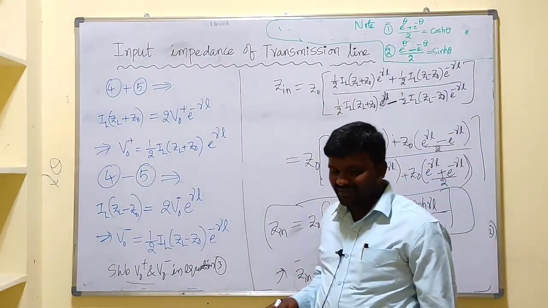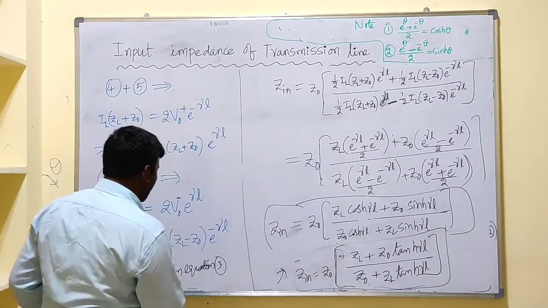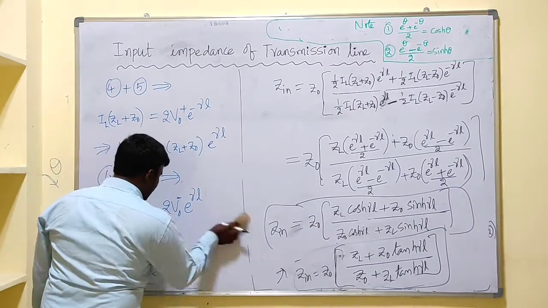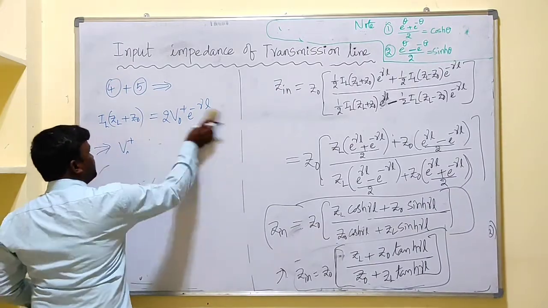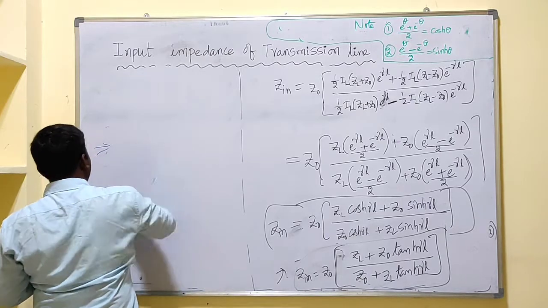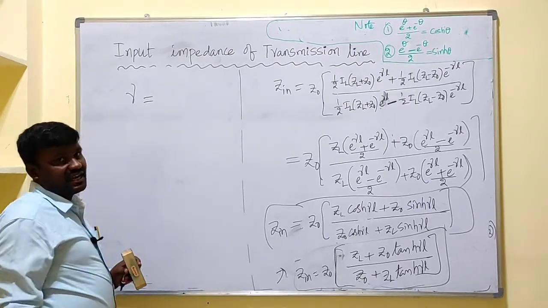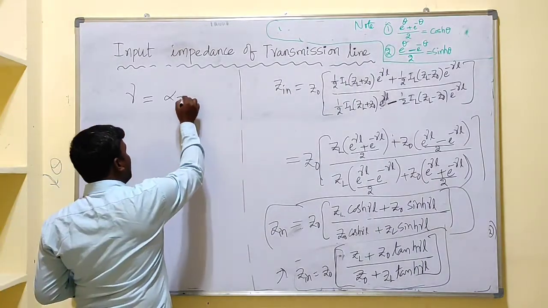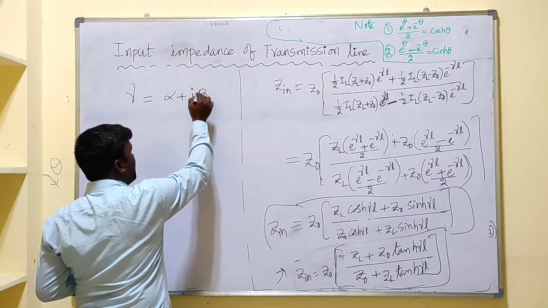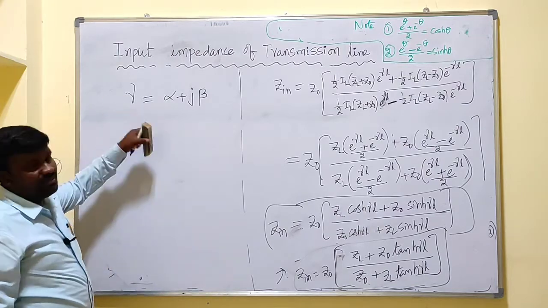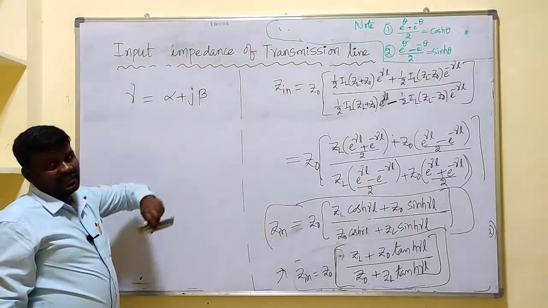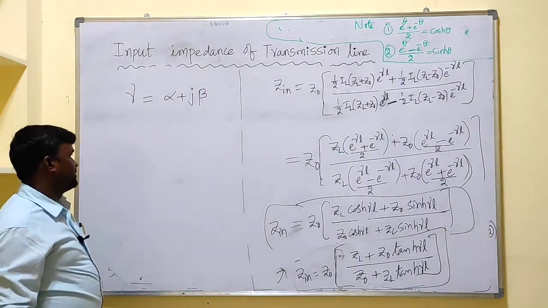This is the expression for the input impedance of the transmission line, where γ is what? γ is the propagation constant. It consists of real and imaginary parts, so it equals α plus jβ. Already we discussed this propagation constant γ in the electromagnetic wave equation.